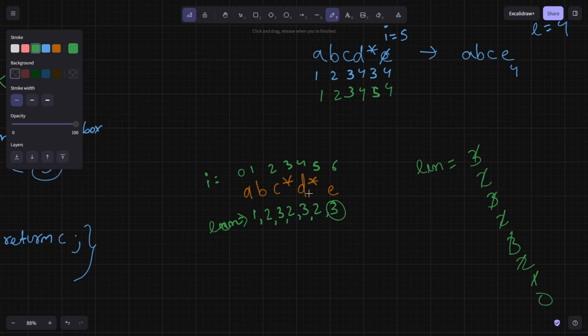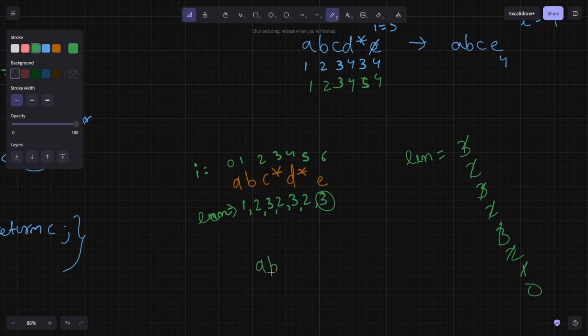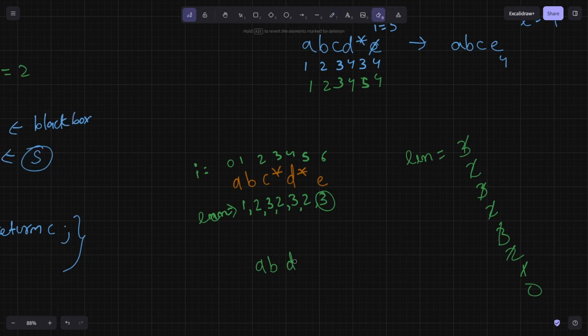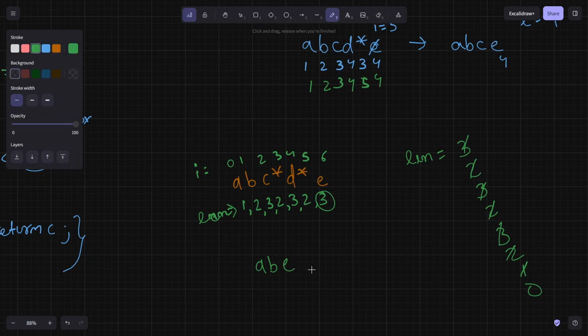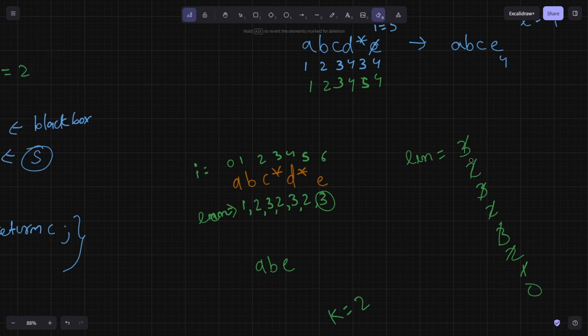So that's how. For example, the string after processing is going to look like a b c asterisk, which deletes c, d asterisk, which deletes d, and e, okay. So if we have to find k equal to, for example, 2, okay, let's see where we got 2. Here we got length equal to 3, so let's try to rerun this.